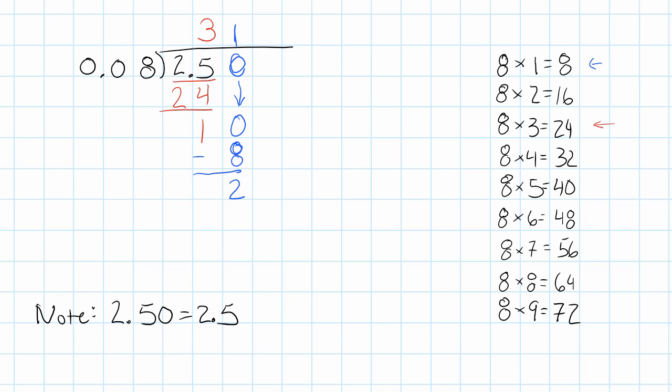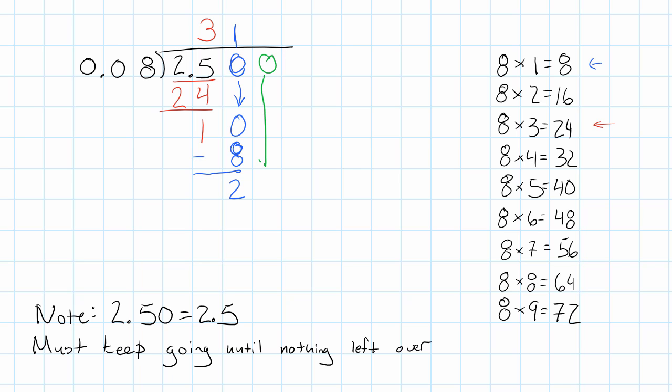We have to keep going until nothing is left over, because having a decimal part of our answer, or giving a fraction part of our answer, or giving a remainder are all different ways of dealing with what's left over, and we aren't allowed to mix them. So let's have another 0. 8 goes into 20 twice.